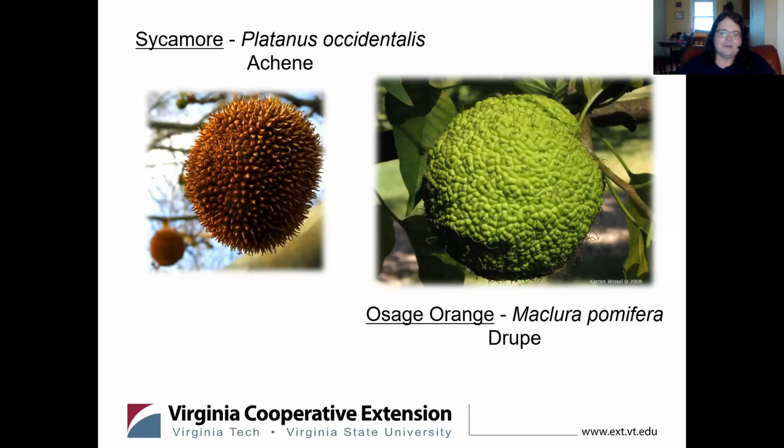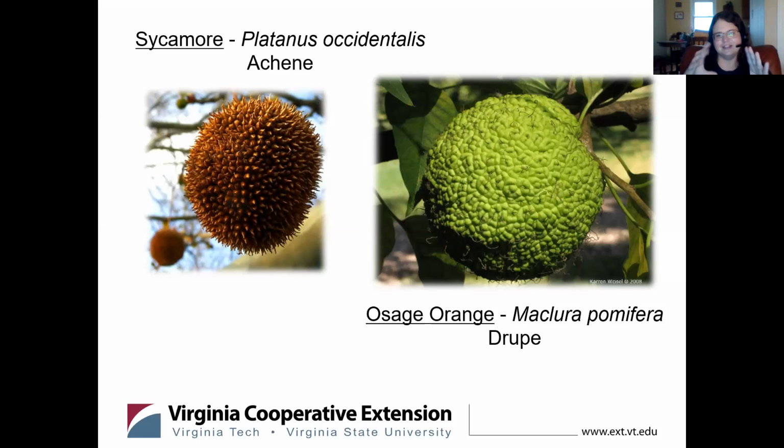And I don't know how many of y'all have seen the plant on the right-hand side of the slide. This is the Osage orange, and that is a drupe. So we are talking about peaches and plums being drupes and blackberries being drupes. And this is also a drupe.